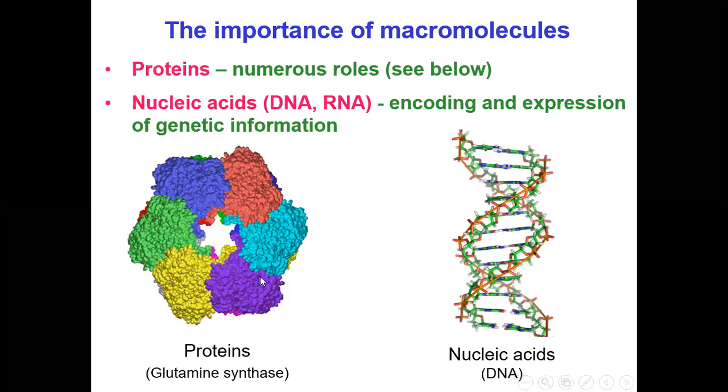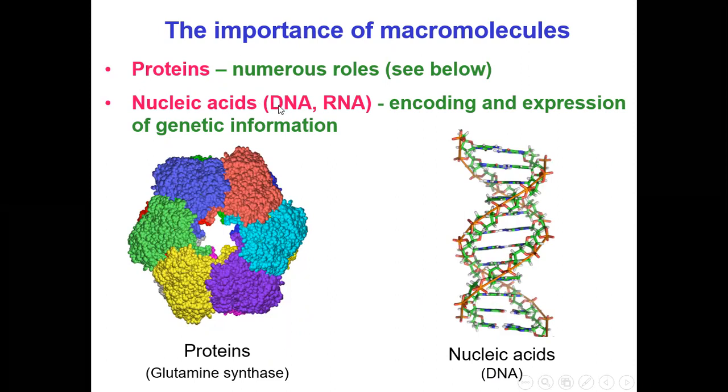So we have three types of such macromolecules. The first are proteins, which will be discussed throughout this course, and they have many different roles. Their building blocks are amino acids. Second, we have nucleic acids, which include DNA and RNA.